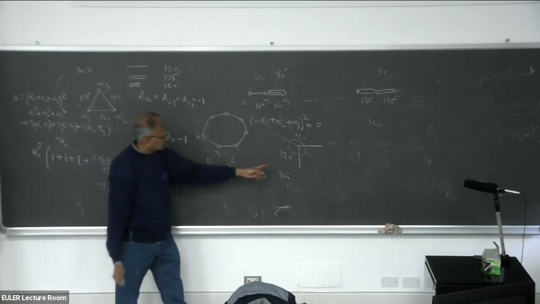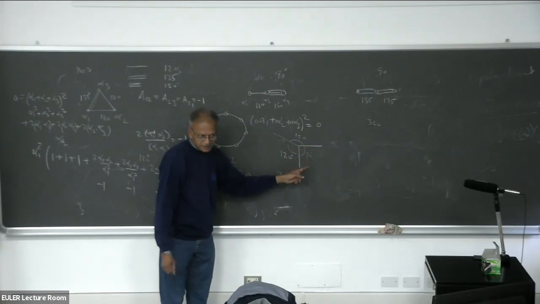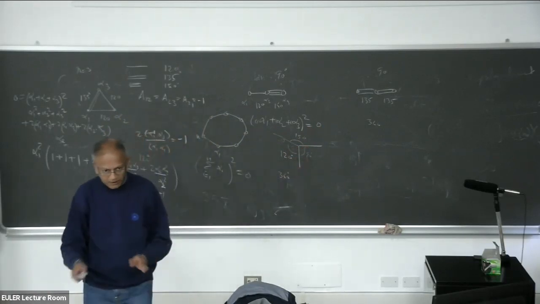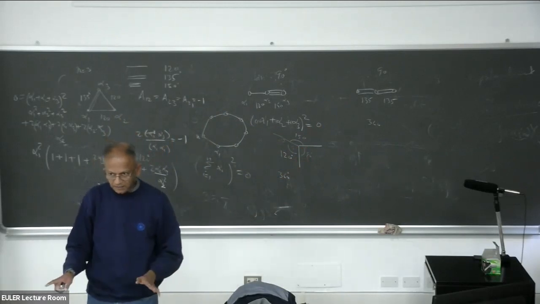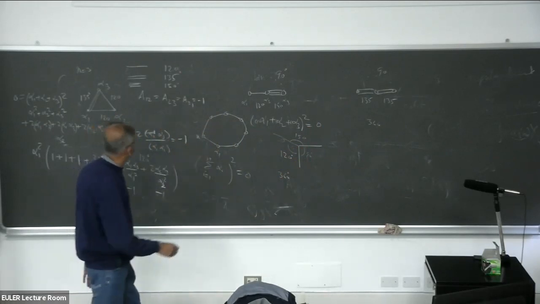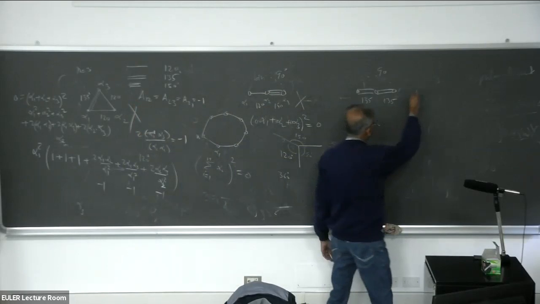So this vector plus this vector must be some linear combination of that vector, with not necessarily integer coefficients. That's not the important point. The important point is that it's not linearly independent. So all these diagrams are not possible. This is not possible, this is not possible, and this is not possible.